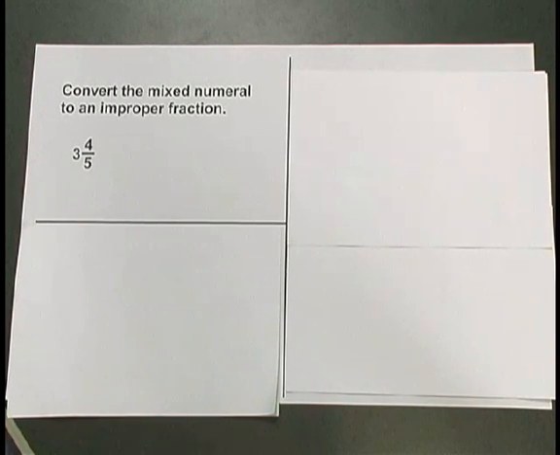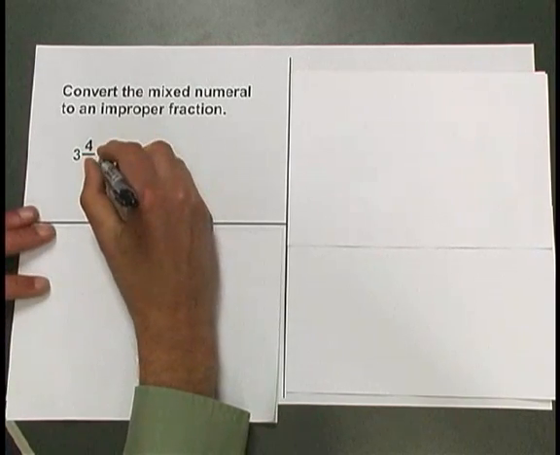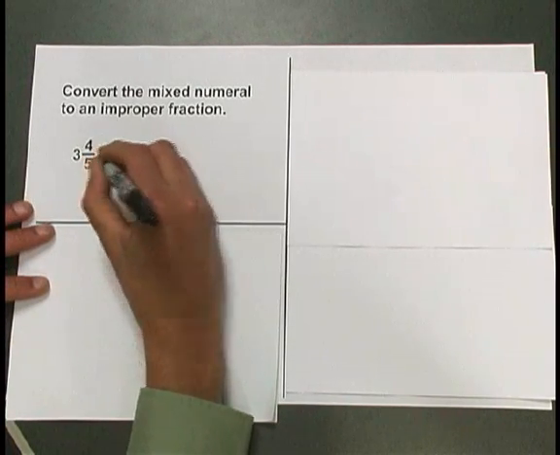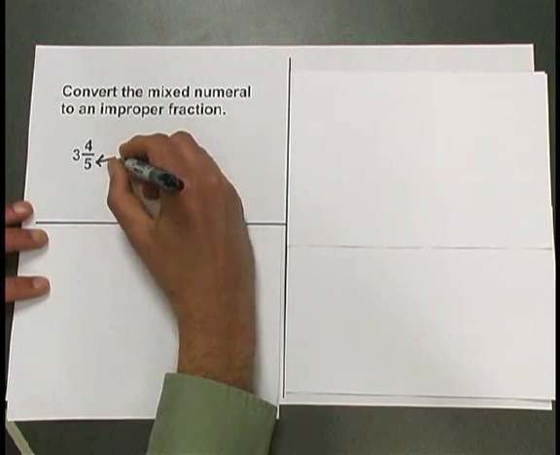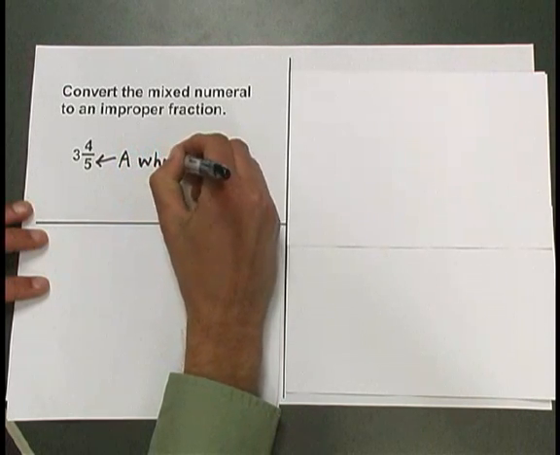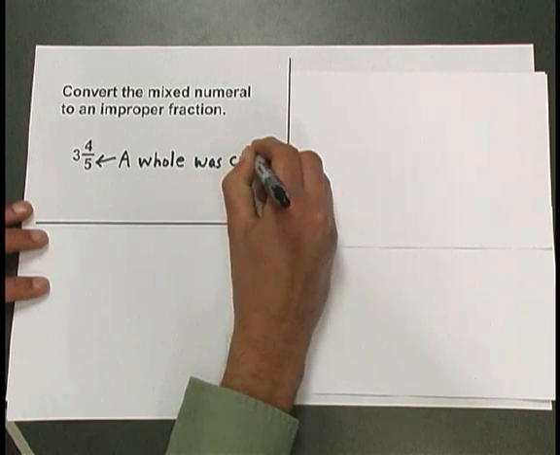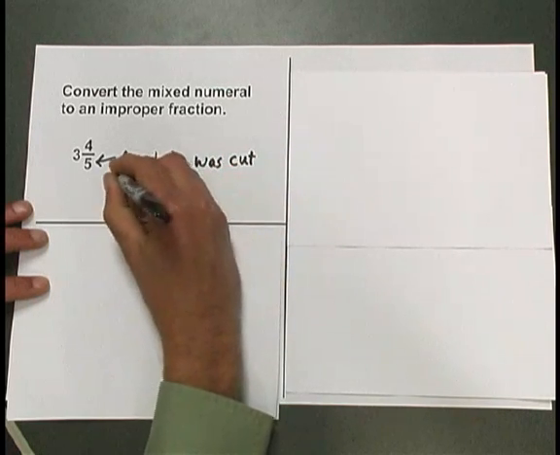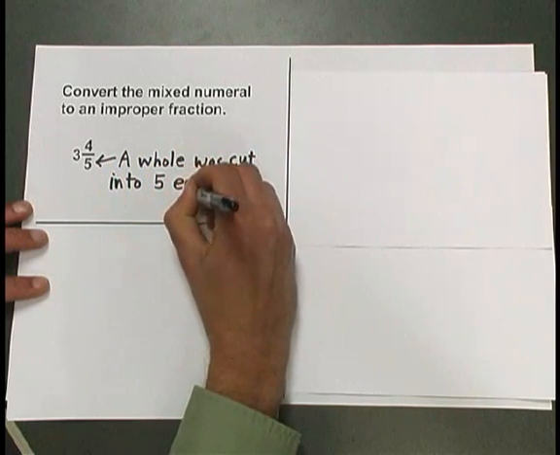In order to do that, we need to think about what the denominator in the fraction, the 5, is telling us. The 5 tells us that a whole was cut into 5 equal pieces.